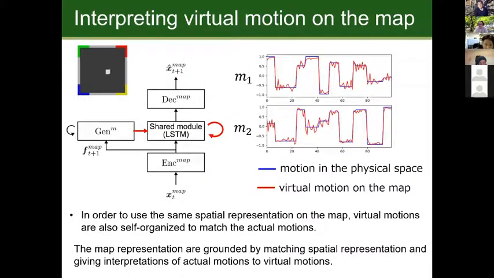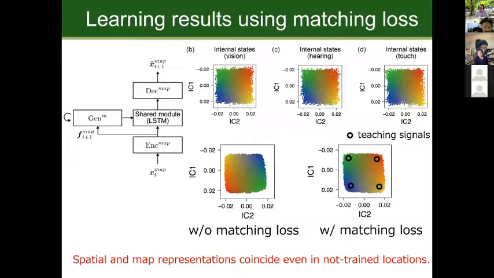Thank you. I have one short question. I'm not quite sure how crucial the multimodal shared network is. What if you train the network first with the three modalities, but then only with vision, or vision and touch? Would the network still learn the map?